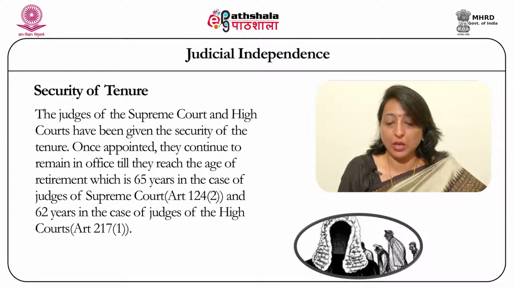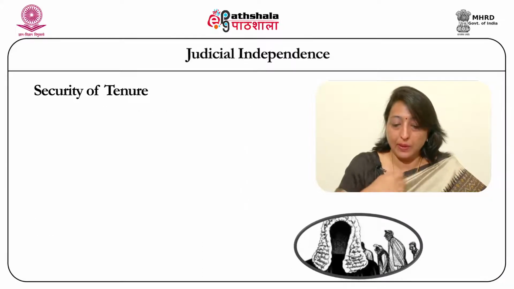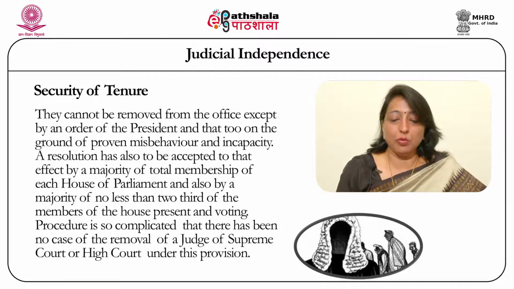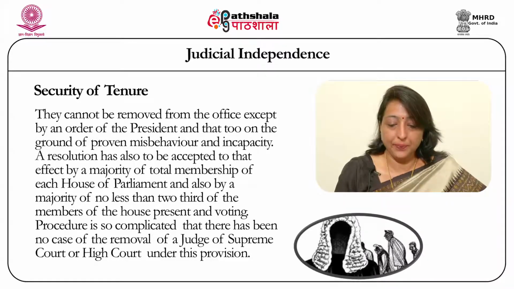The provision regarding this is provided in Article 124, Clause 2 relating to the Supreme Court, and Article 217, Clause 1 relating to High Court judges. They cannot be removed from office except by an order of the President, and that too on the ground of proven misbehavior or incapacity.